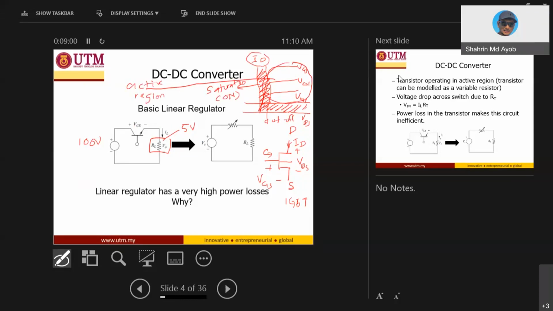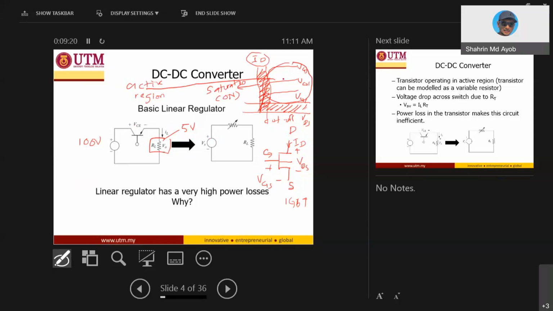Okay, so in basic electronics, your lecturers always say don't operate your transistor under saturation or cut off, right? Because for electronic circuits, their aim is actually to use the transistor as an amplifier.